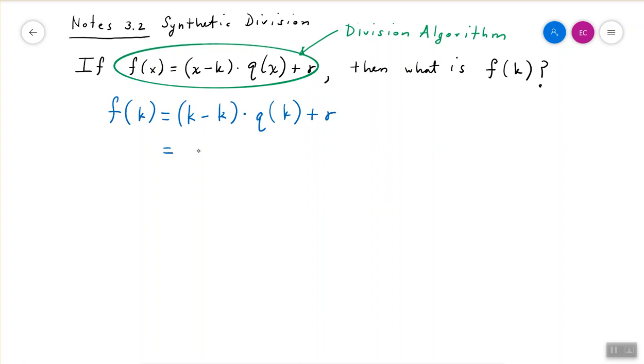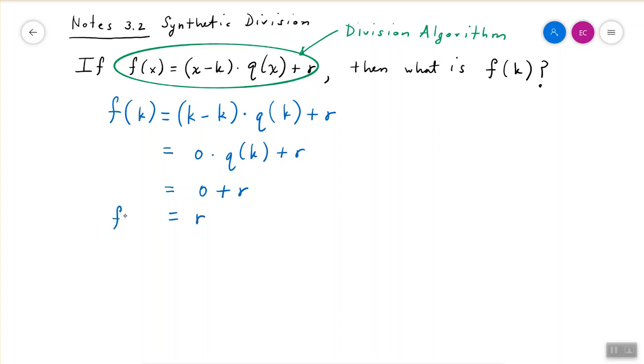And then the interesting thing is k minus k is 0, times q of k plus r. Q of k is kind of abstract, but it doesn't really matter what it is because it's multiplied by 0. And so that's 0 plus r, which is just r.